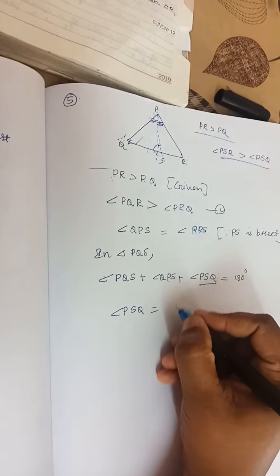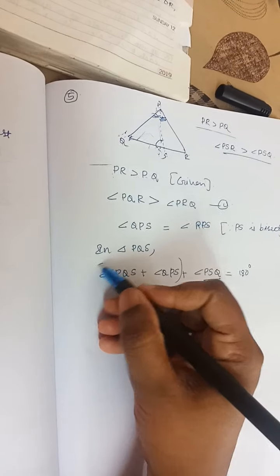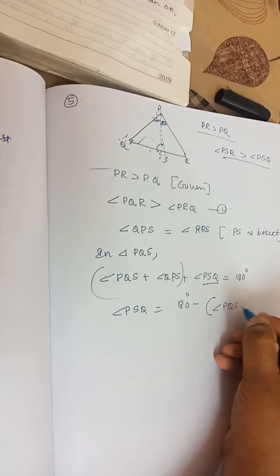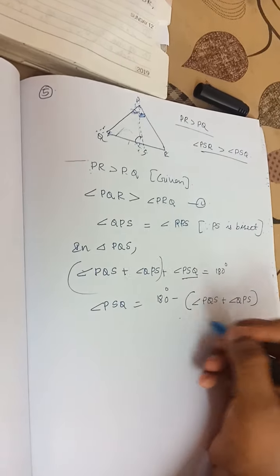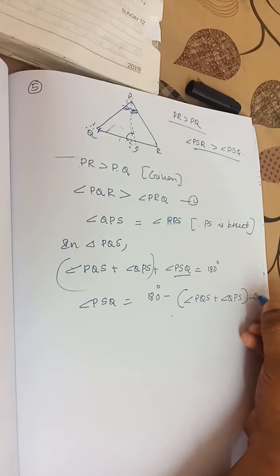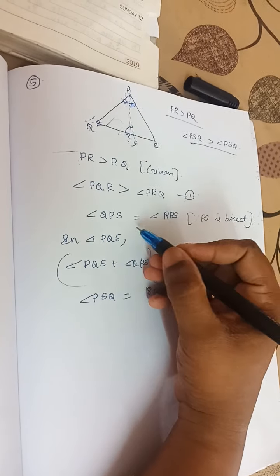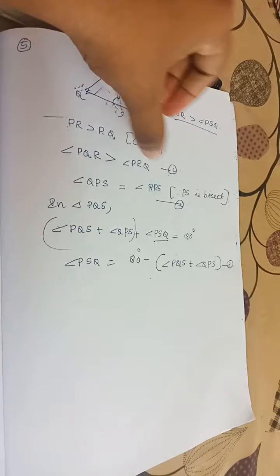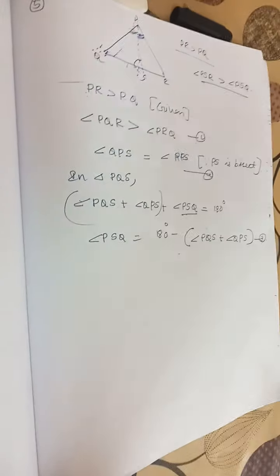How can we write here? Angle PSQ is 180 degrees minus these two terms, which we take onto the right hand side. So I am putting a bracket: angle PQS plus angle QPS. This equation I am putting as equation number 3, and this is 1 and QPS is this one, equation number 2, because these equations 1, 2, 3 we have to use in the next steps also. That is why I am naming these equations.